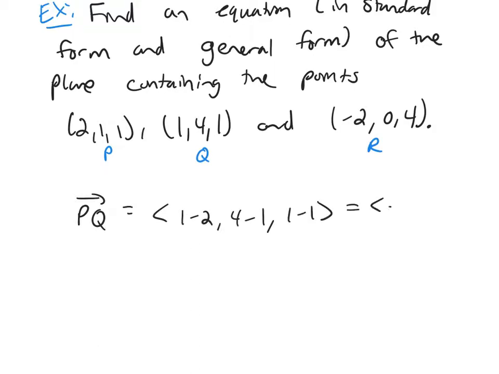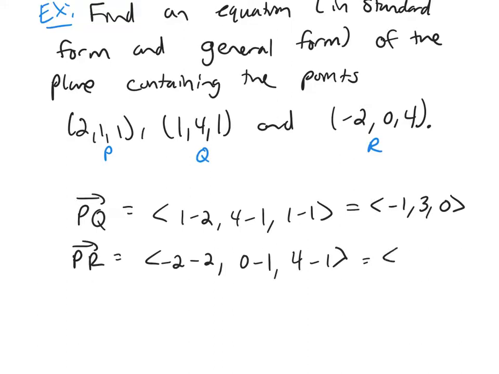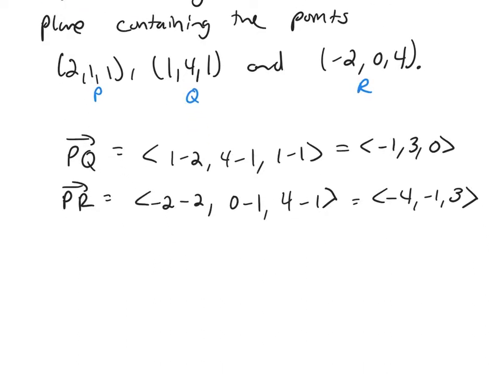So this first vector is (-1, 3, 0). And then PR: -2 minus 2, 0 minus 1, and 4 minus 1, so (-4, -1, 3).